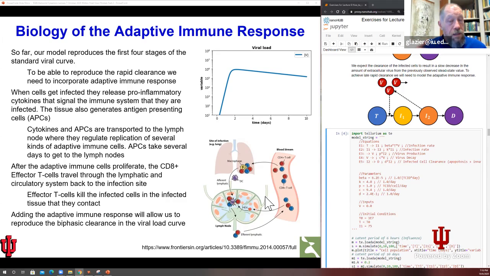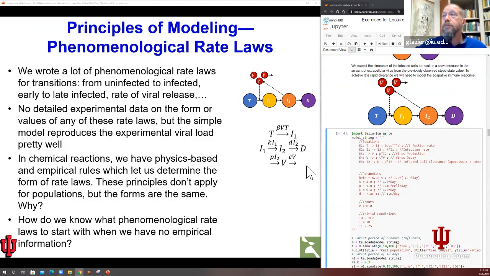I wanted to have a model that included cytokines, included the lymph node, included T cells, but was also not a 50 equation, 99 parameter model. And so that's why we are where we are.